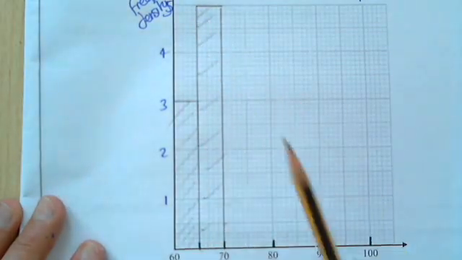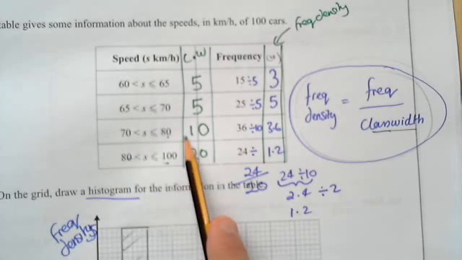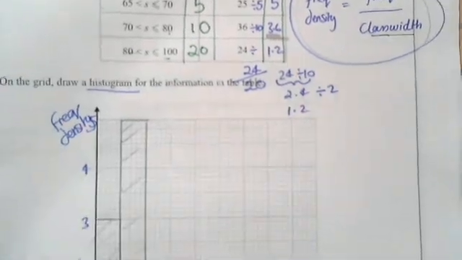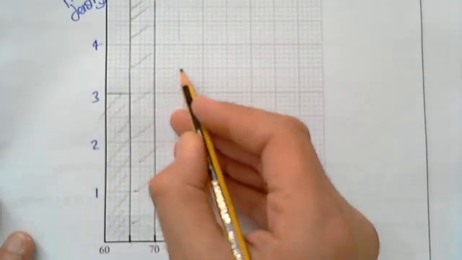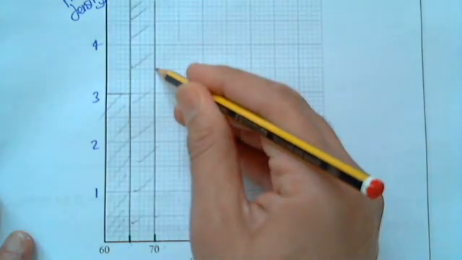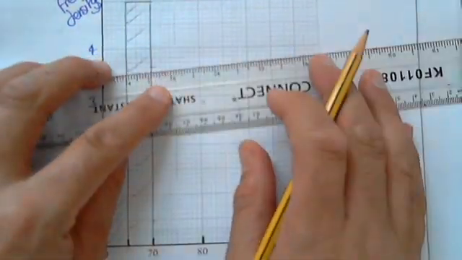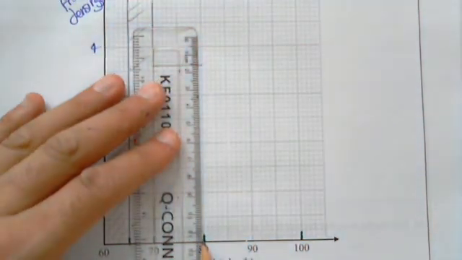Now the next one says 70 to 80, with a height of 3.6. 3.5 is here, 3.6 is here, and we go across to here and bring it down.